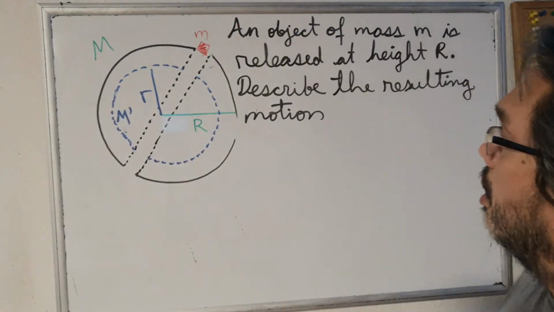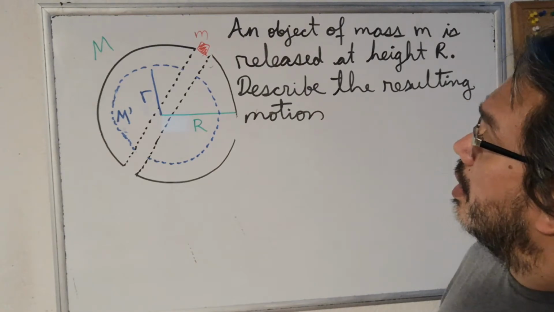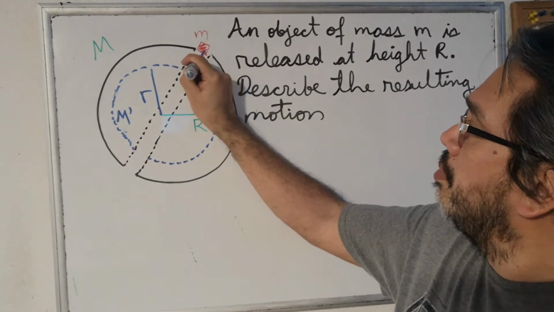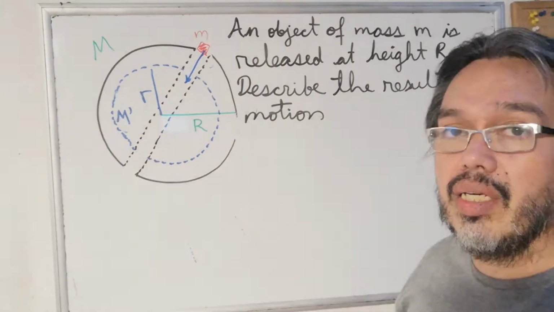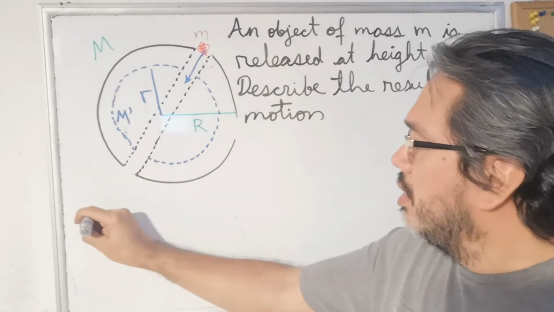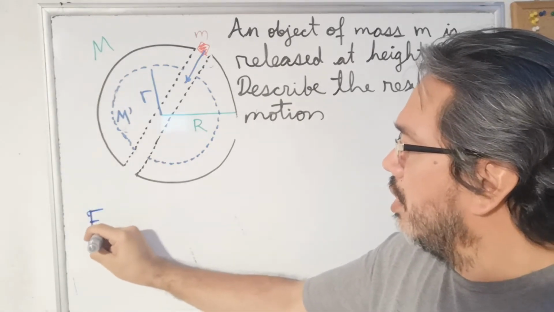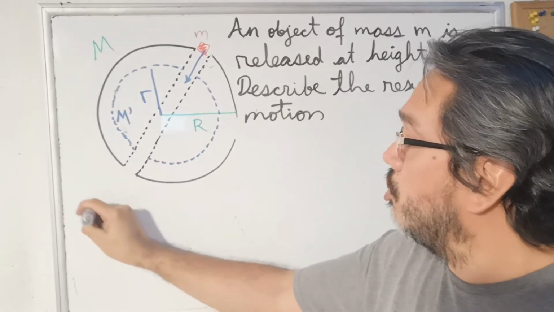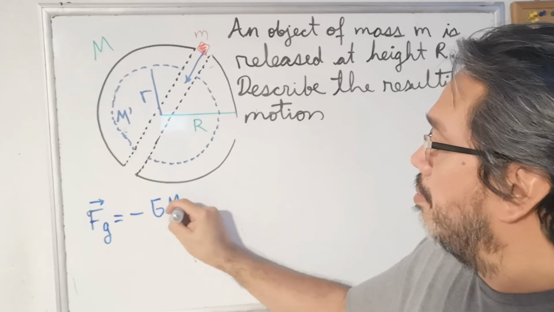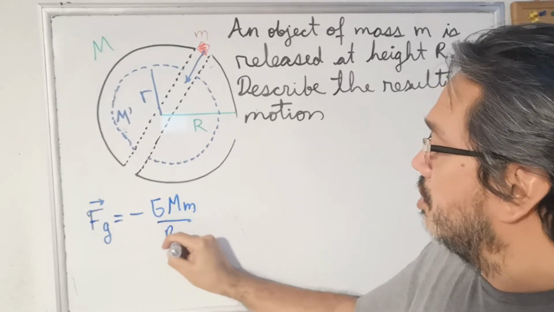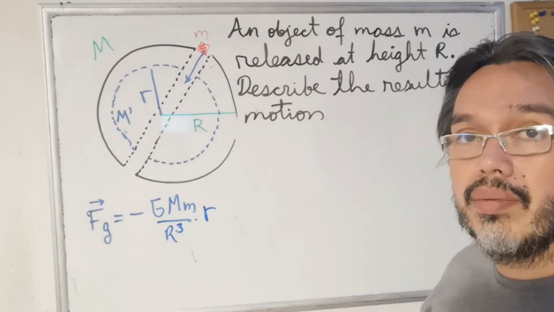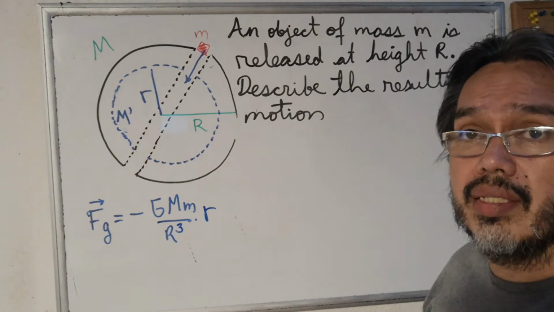vector analysis. You know very well that if the object is at this distance, then because of the law of universal gravitation, you have this force, and we said that this force in its vector form, Fg, is equal to minus G M m over the radius of the planet cubed times r, because it is a function of the height.